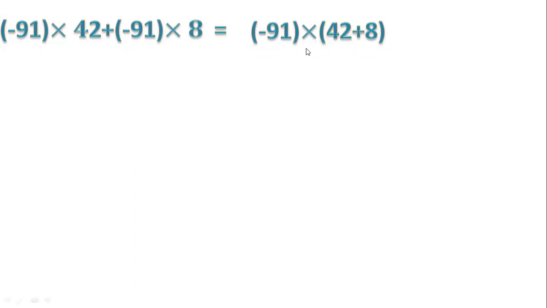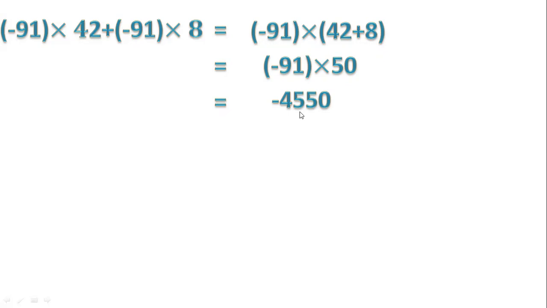So minus 91 into 50. So you can multiply by minus 91 only once. Write 0 at the end, then multiply by 5. 5 ones are 5, 5 nines are 45. That is minus 4550. So this will be easier.